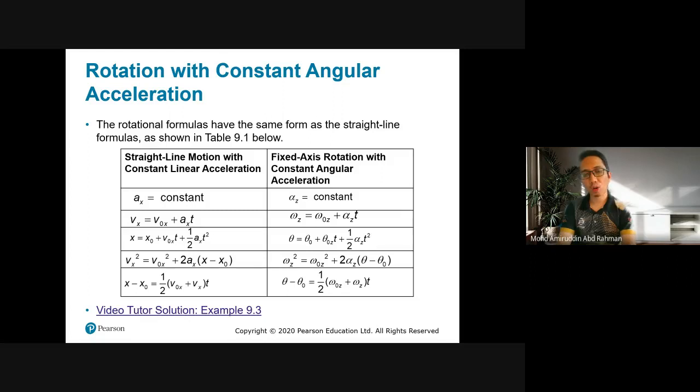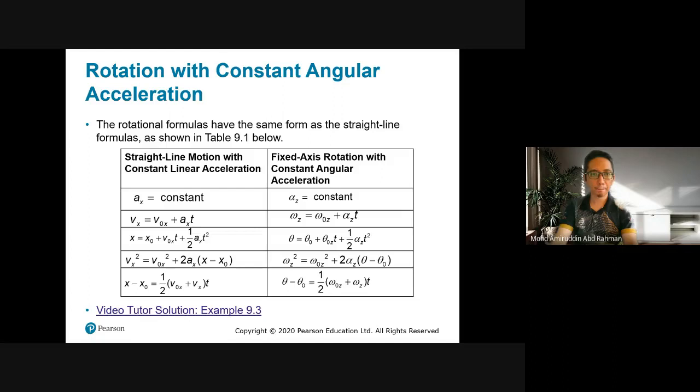Why z? Because we consider the axis of the rotation. As you remember, we use the right hand rule to define the axis, whether it is out of the page, into the page, to the left or to the right. So we have omega z equals omega naught z plus alpha z t.